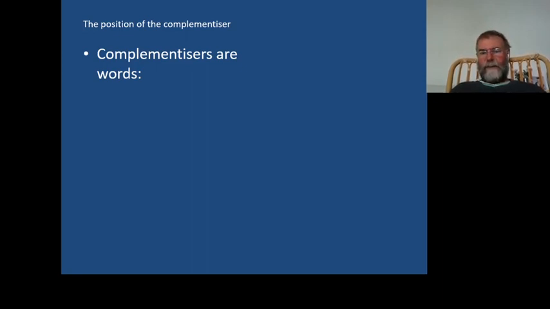And given that complementizers are words, that leads us to the conclusion that they must be heads, because in X-bar theory, the only position you can find a word is in a head position. There are no other positions inside any phrase that is a word position. Complement position is a phrasal position, specifier position is a phrasal position, adjunct positions are phrasal positions inside sentences. So complementisers must be heads of their own phrase. There must be a complementizer phrase accompanying the complementizer.